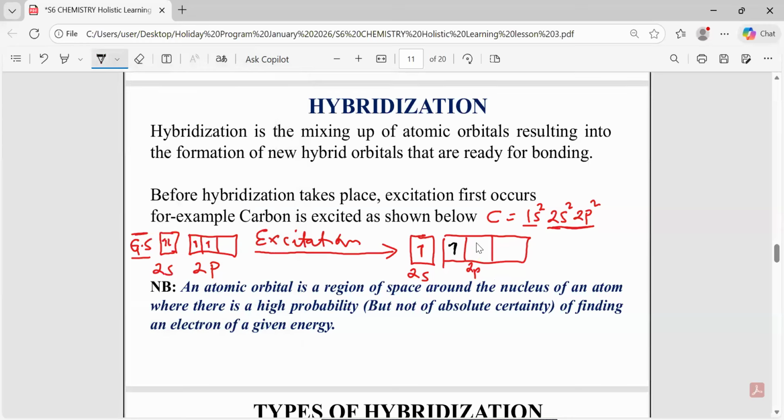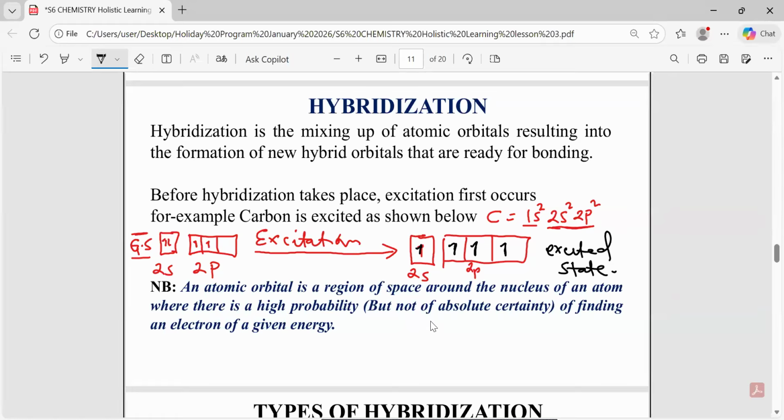This one is 1, this is 2nd, and then here we have the 3rd. I think that is more clear. And here carbon is said to be in the excited state. I think that is enough.